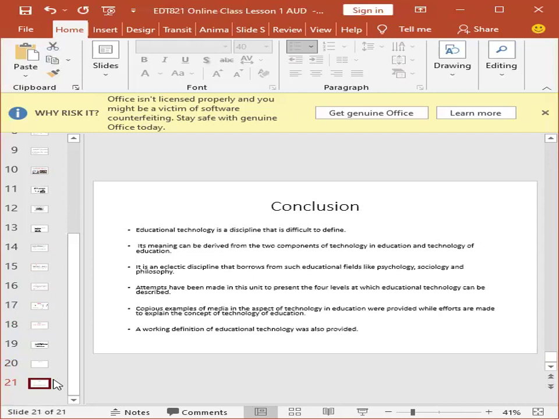As a result, its meaning can be derived from the two components of technology in education and technology of education. It's an eclectic discipline because it borrows ideas from other fields like psychology, sociology, philosophy, computer, learning, engineering, and so on and so forth.